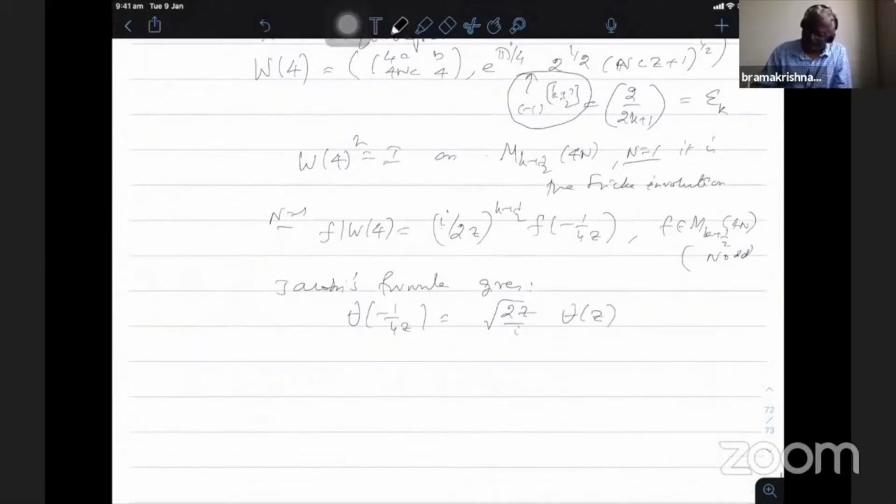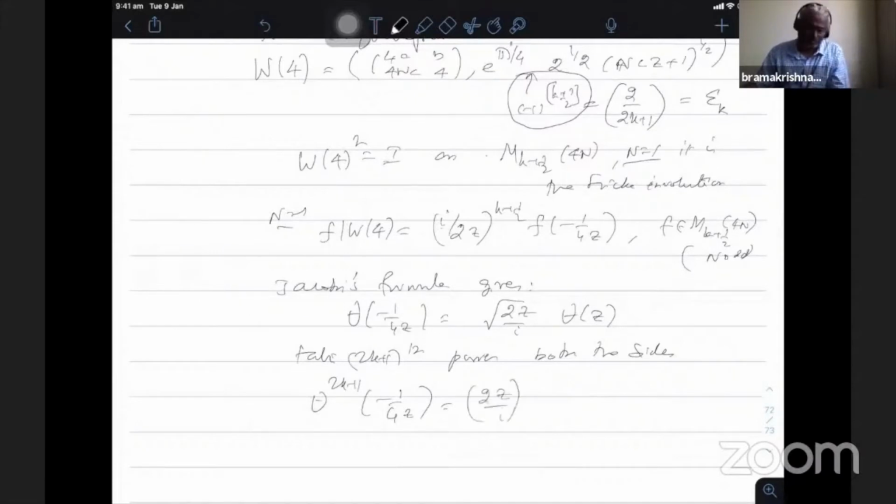Therefore taking the 2k plus 1 power on both sides, theta to the power 2k plus 1 of minus 1 by 4z is (2z/i) to the power k plus half times theta to the power 2k plus 1 of z.